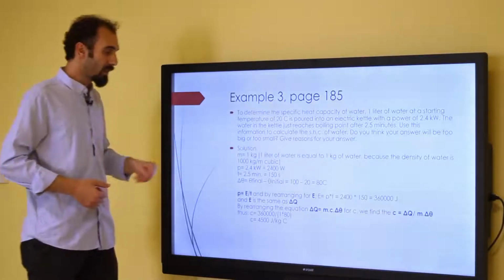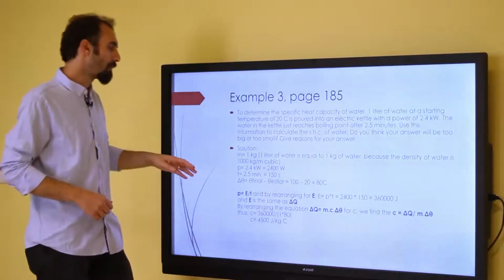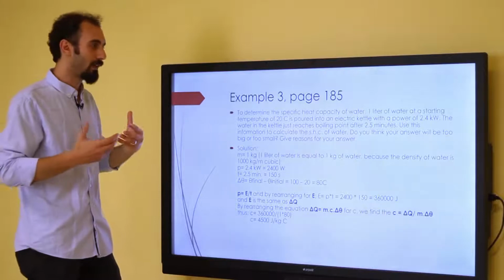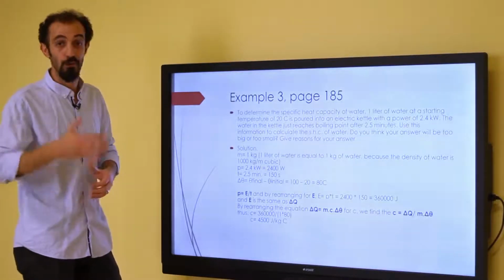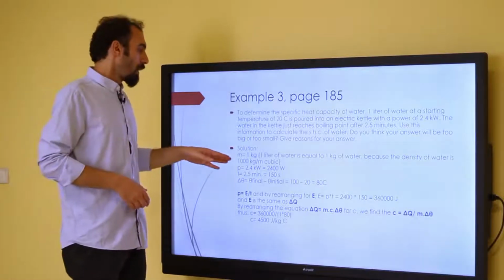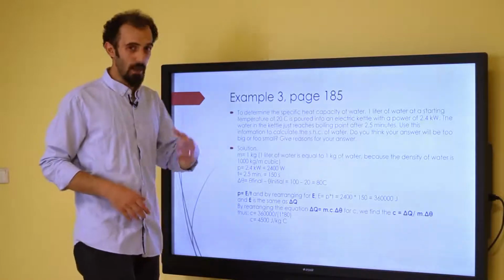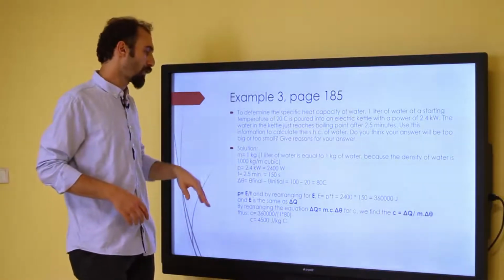Now, this example is a little bit tricky because we do have the power of the kettle and we have the time it took the water to increase from 20 to 100, to boiling. The mass is 1 kilogram because 1 liter of water is equal to 1 kilogram of water. The power is 2.4 kilowatts.